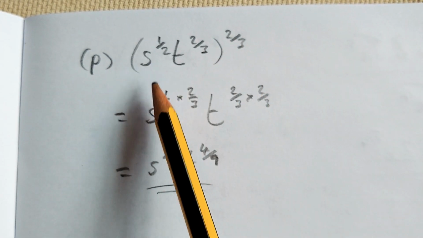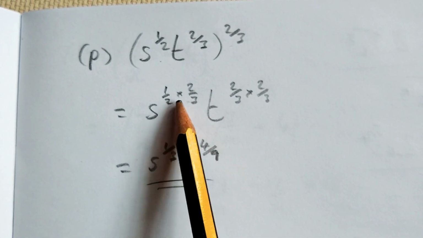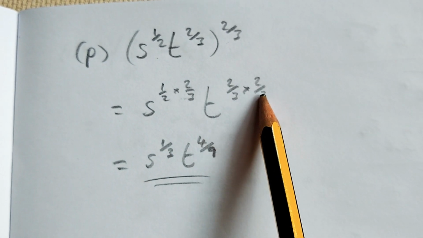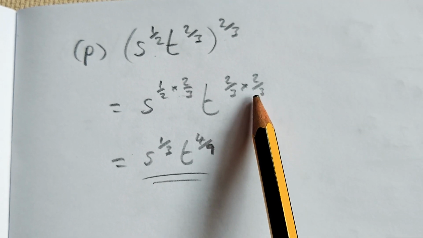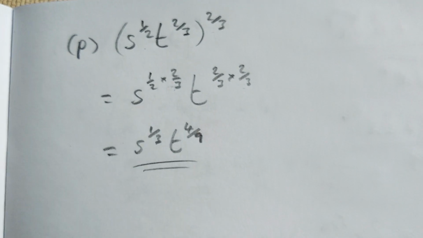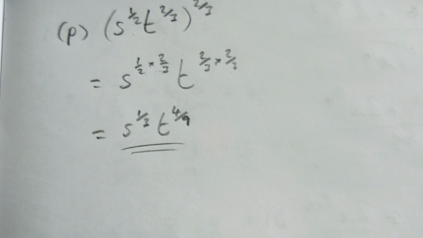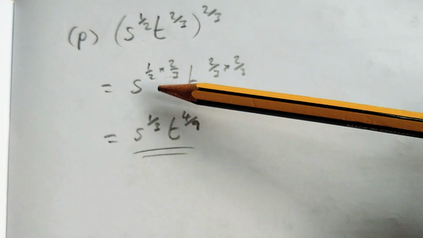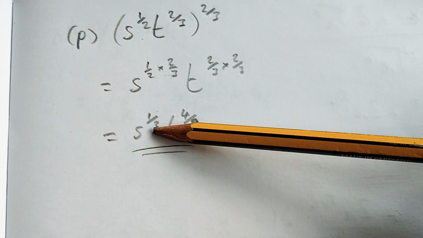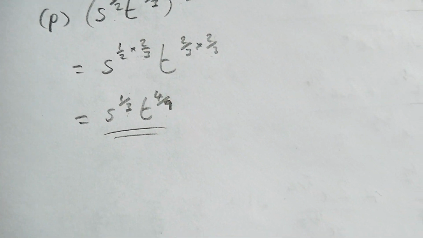And if we're doing that, we can take the first term and multiply the power by 2/3. We can do the same with the second term. And how do we multiply fractions together again? It's top times top, bottom times bottom. Or we could say we could find the product of the numerators and find the product of the denominators. So 2/6 is 1/3, and 2 2s, 3 3s gives the 4/9 for the power of t.